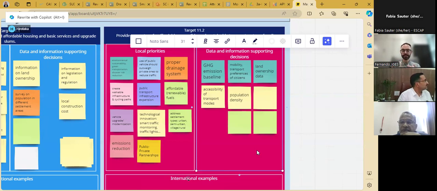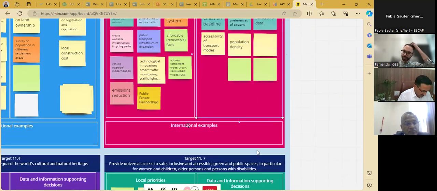When you're localizing the 2030 Agenda, it is very important to be aware of this. That's why urban and territorial planning is so important, because as you organize the territory, you organize the physical space of your city, of your municipality, and you need to provide the connections through transport, infrastructure, etc. Thank you very much for bringing this point. If nobody else wants to elaborate, maybe we can move to the next target.